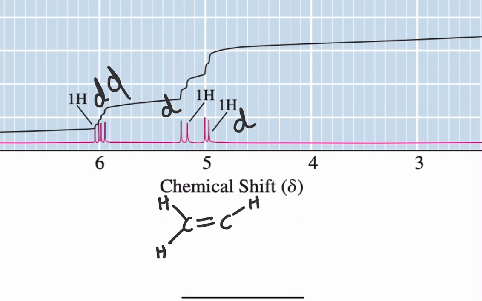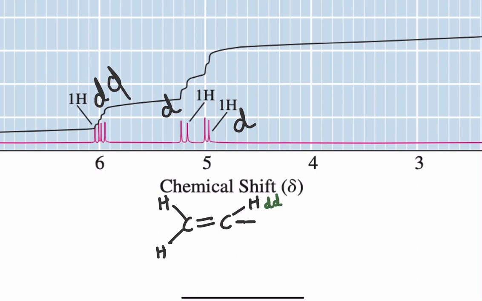So this is definitely connected to something else. For example, this hydrogen right here should be split as a doublet of a doublet by both of these protons, right? So this hydrogen is going to give this signal. It's going to give us doublet of a doublet.